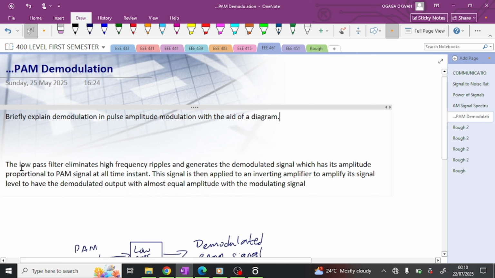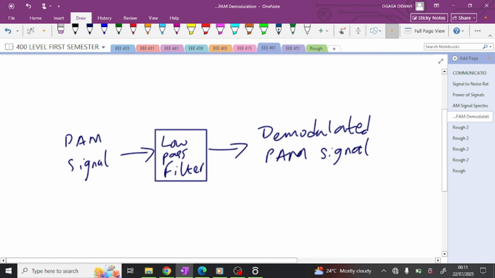When we take this signal through a low pass filter, it eliminates high frequency ripples and generates the demodulated signal, which has its amplitude proportional to the pulse amplitude modulated signal at all time instants. What that means is that when we pass our signal, look at this diagram here.